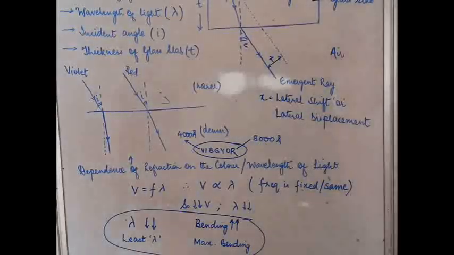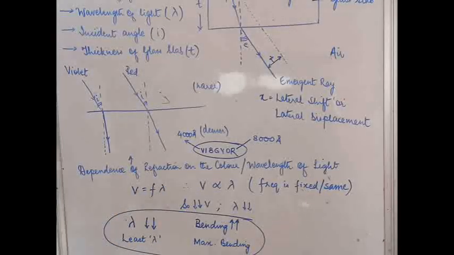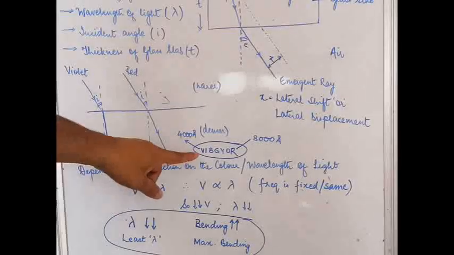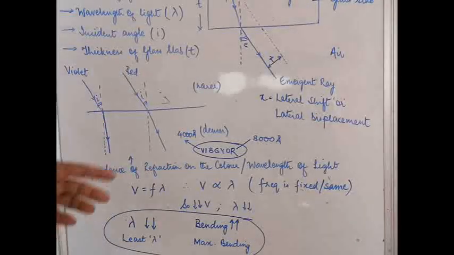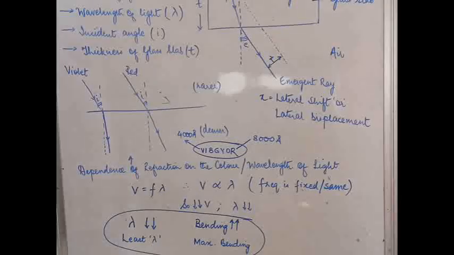This is the relationship that we will have to memorize, because when we take different colors, that means we are taking different wavelengths. For the least wavelength colors, which in fact is the violet color in the visible band, violet once again has the least value of wavelength. So least value of lambda will mean maximum bending.